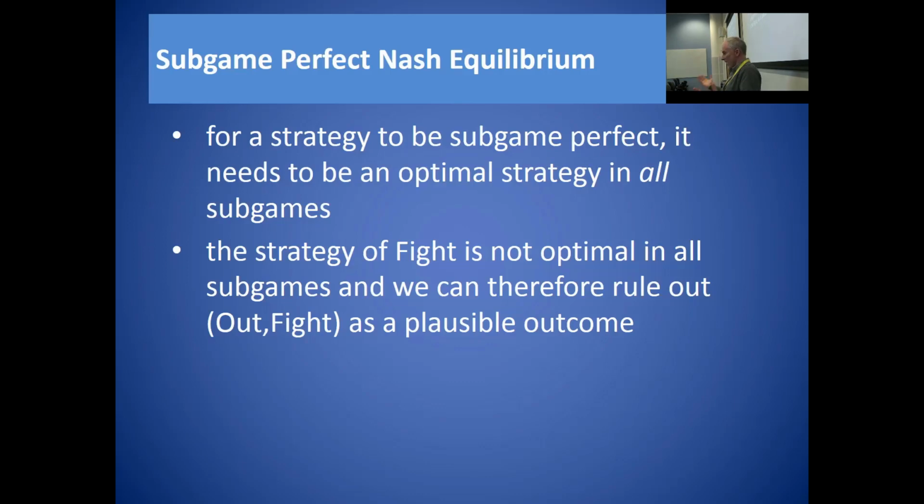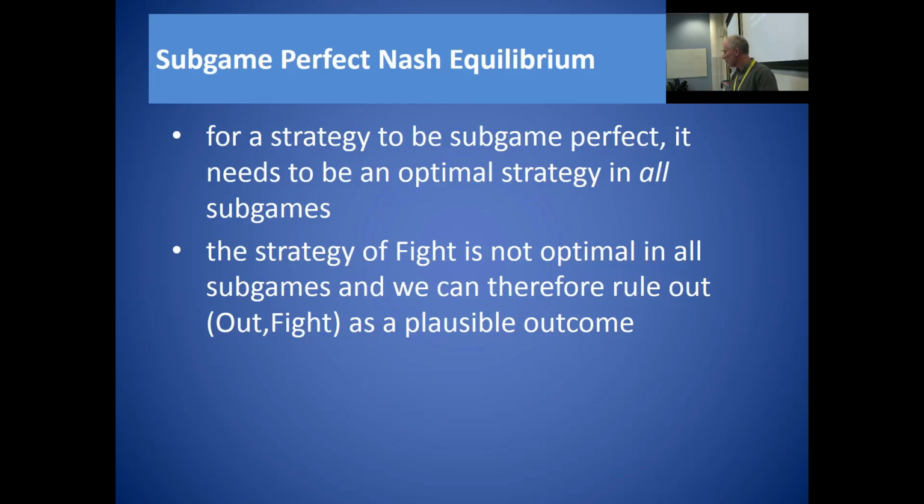And hence, the Nash equilibrium of out-fight cannot be subgame perfect, because the strategy of fight is not optimal in all subgames. Even though that was a Nash equilibrium, it is not a subgame perfect Nash equilibrium. And in dynamic games of this sort, it means we can then rule it out as a plausible outcome.